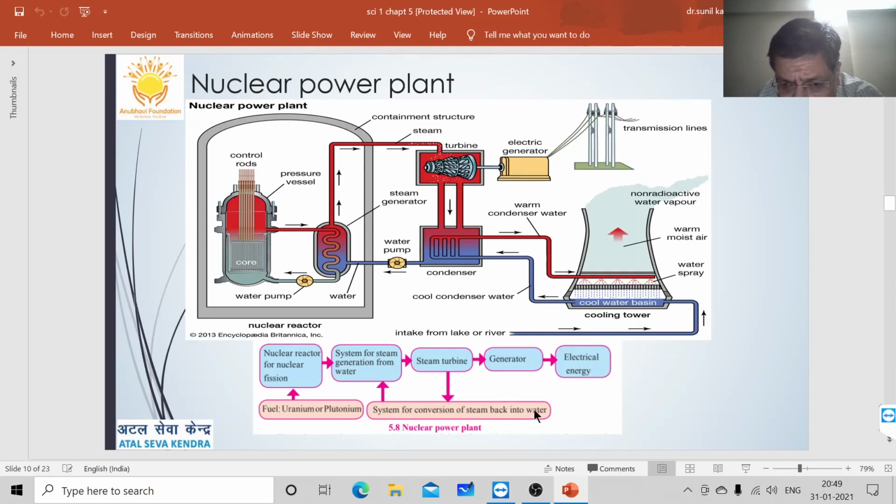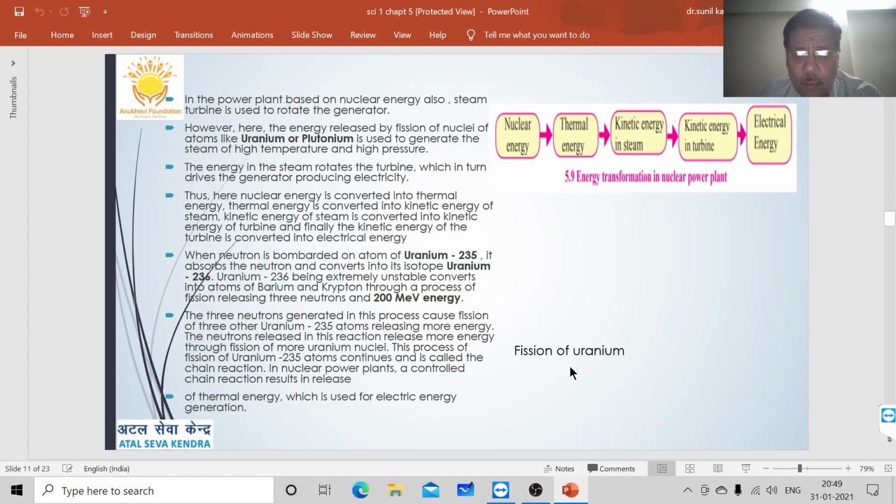Steam is again converted to water by condensation, by cooling, and it is again used in the boiler, where the energy from the nuclear fission is used for converting it into steam. Thus this works in the same way.